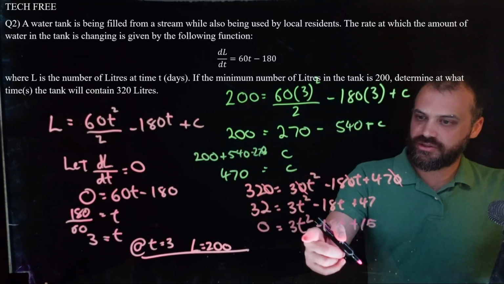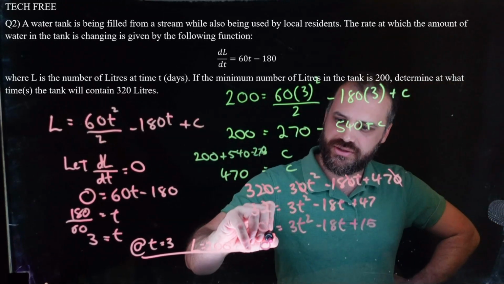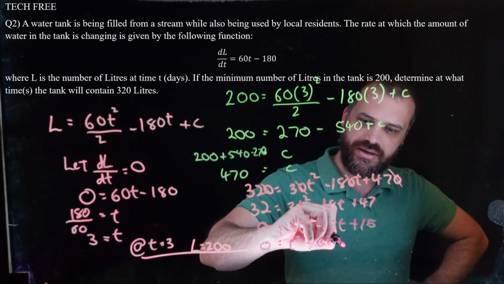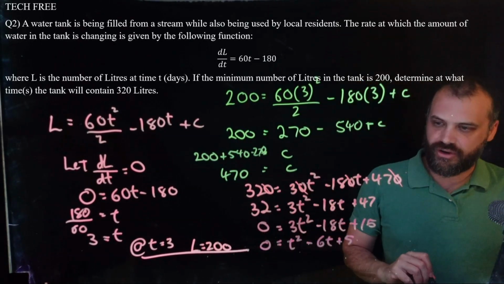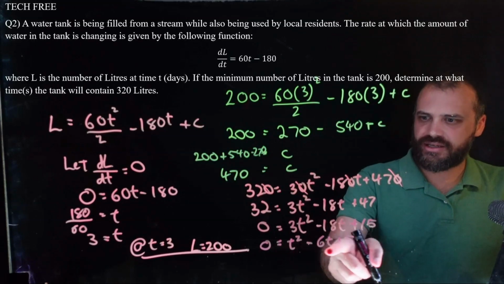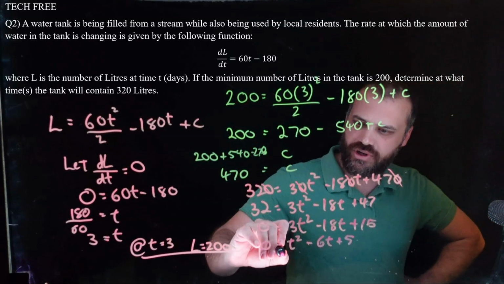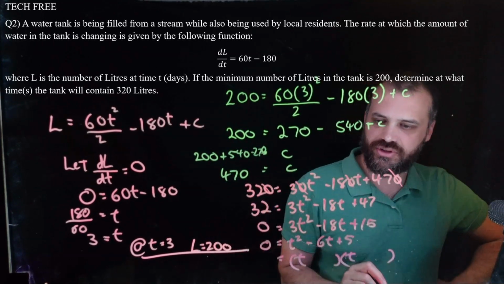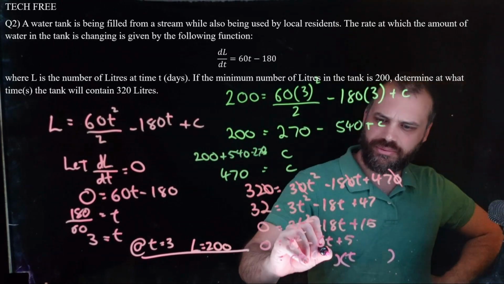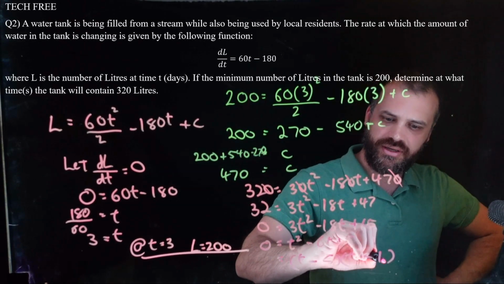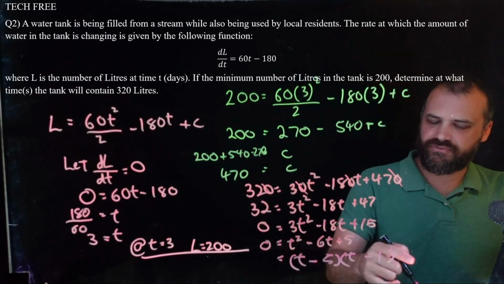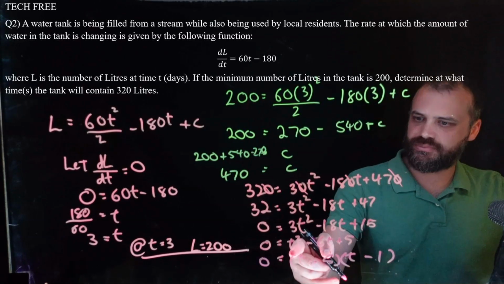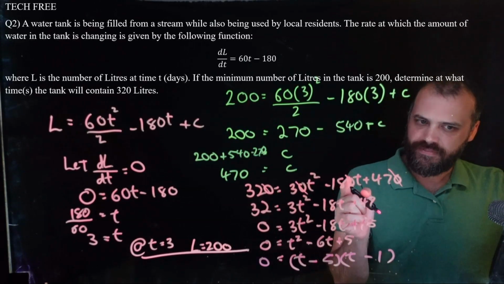Okay, I can divide everything by 3. So 0 equals t squared minus 6t plus 5. That is a pretty straightforward quadratic now, so I should just be able to factorize it. I think probably a 5 and a 1, like a minus 5 and a minus 1. If I expand that, I'm sure I'm going to end up back where I started.